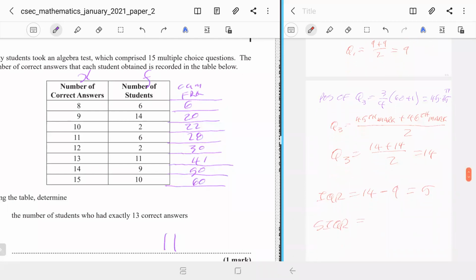Sir, 5 plus 5 divided by 2. No, semi just means half. Half of the interquartile range. So it equals the interquartile range over 2, which is 5 over 2, which is 2.5.